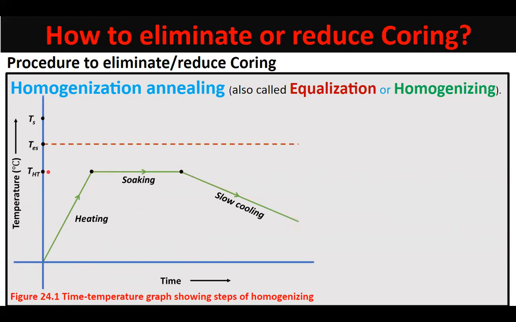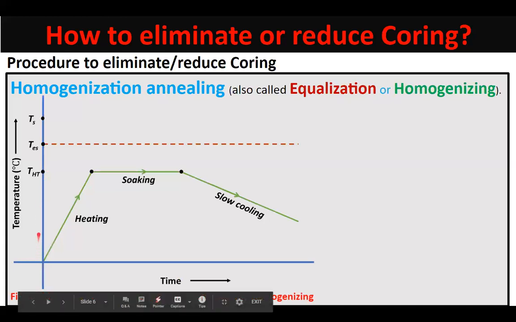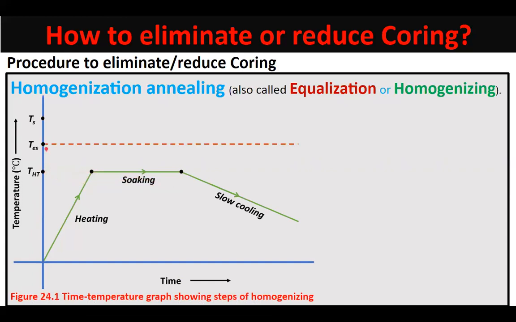Now mind it, this heat treatment temperature has to be high enough that diffusion in this material system can occur, but it has to be sufficiently below the effective solidus temperature. Students, mind it, sufficiently below the effective solidus temperature, not the solidus temperature. We are not talking about the equilibrium solidus temperature that would come from the equilibrium diagram. Rather, we should know the non-equilibrium solidus temperature of that alloy.